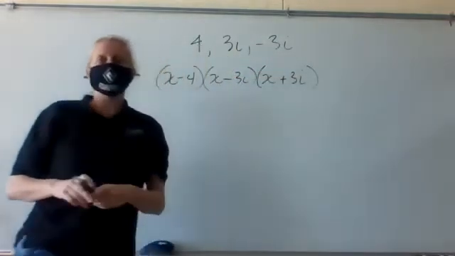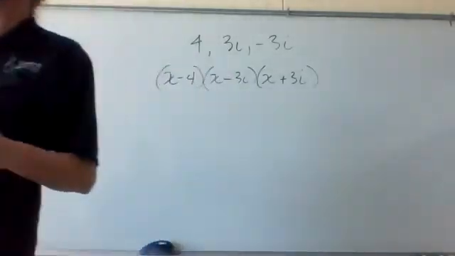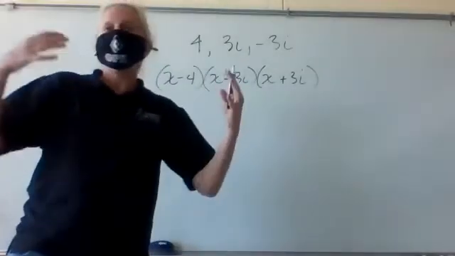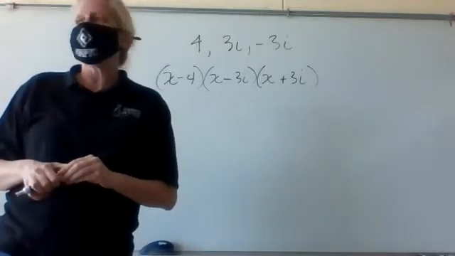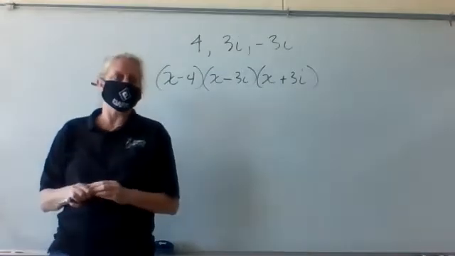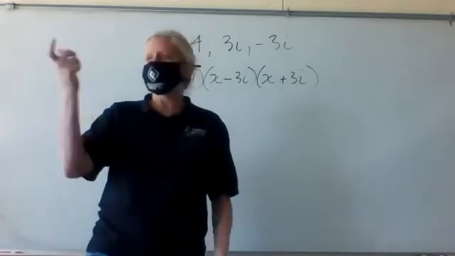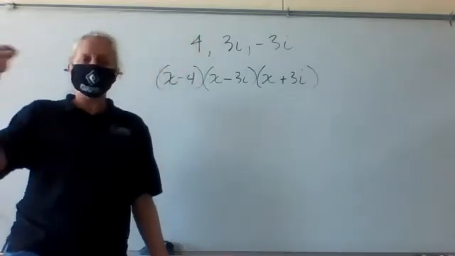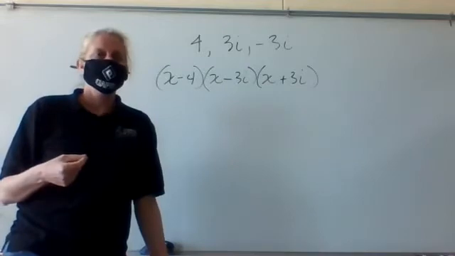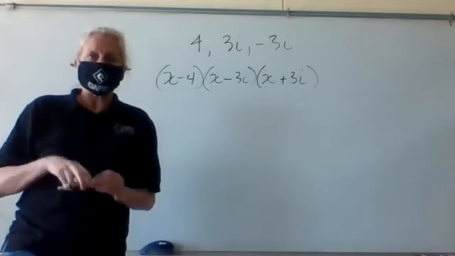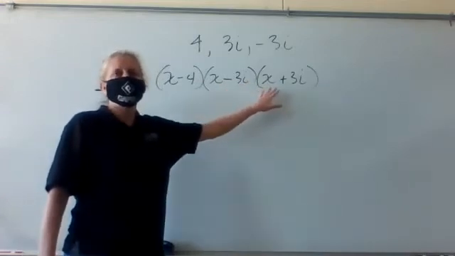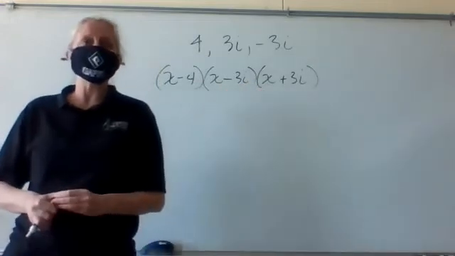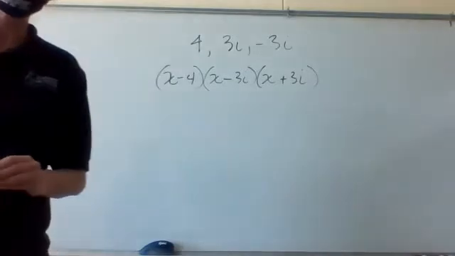Now, when you are multiplying, remember multiplying is commutative, which means I can multiply in any order that I want, right? Doesn't matter what order you multiply 2 numbers in, you're going to get the same thing, right? 2 times 3 is the same thing as 3 times 2. If you have 2 of your factors and they have i's in them, you want to multiply those together first.